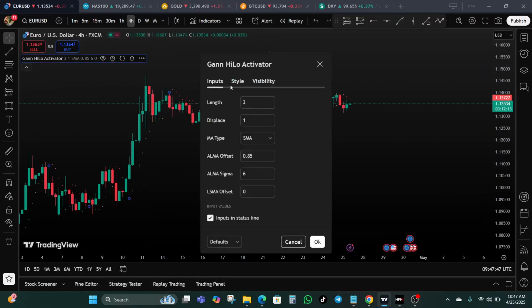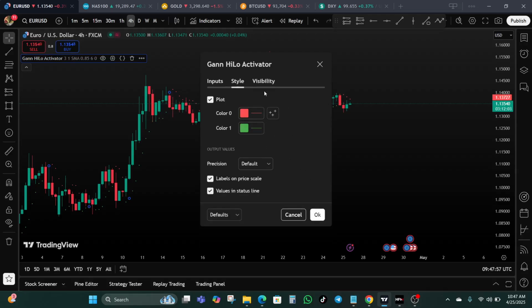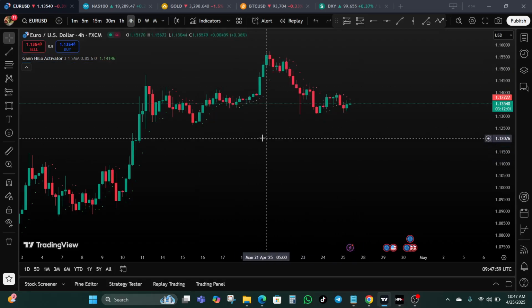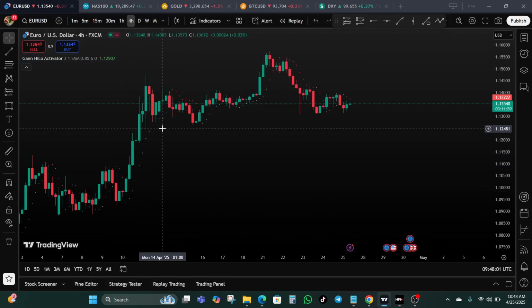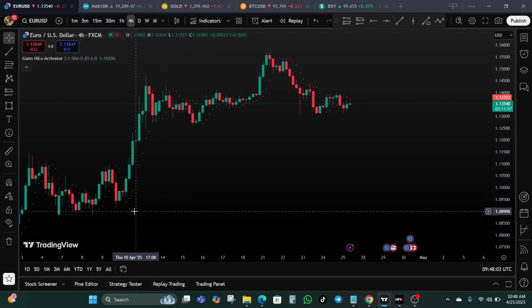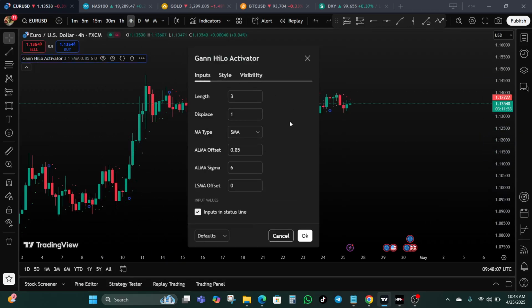You can actually decide the MA type, whether you want to use SMA, EMA, or any other of the MAs that are available. You can modify the settings according to your taste. So basically it uses these dots, plotting the moving average for the selected period, for the selected length of your choice.